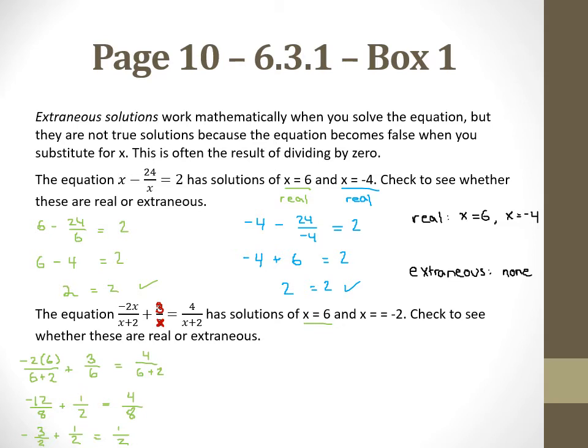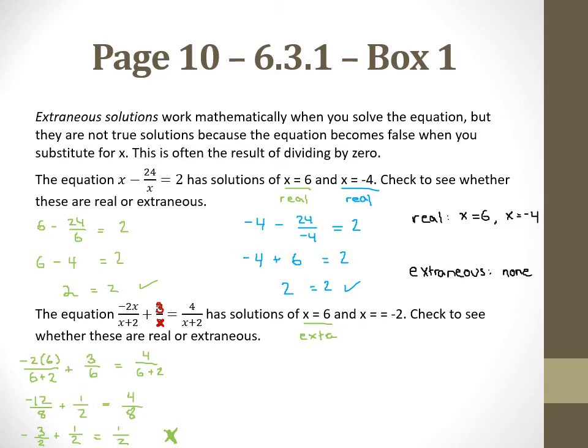So does that add up? Negative 3 halves plus 1 half is going to equal negative 2 halves. So does that equal 1 half? No, it doesn't. So if it does not check out, the two sides of the equation are not equal to each other, that tells us that this is an extraneous solution, an extra solution that's not really real.